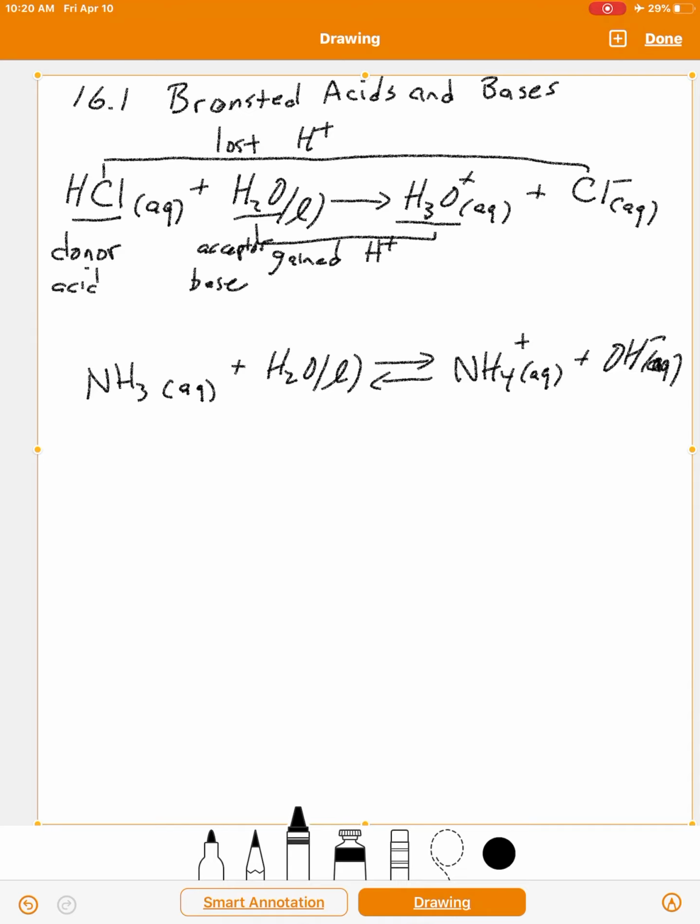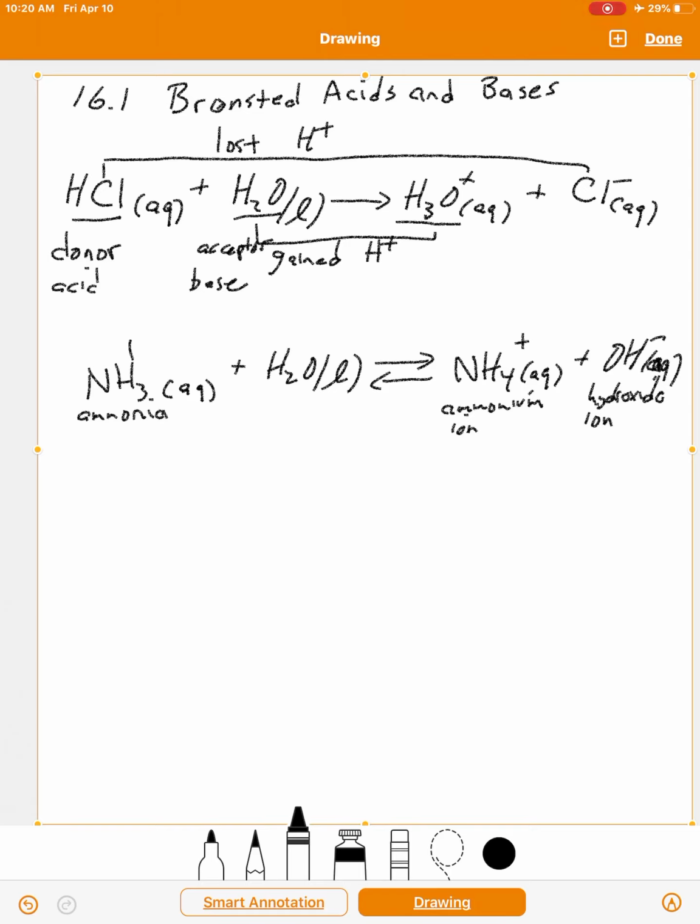Okay, so this is ammonia on the left side, NH3 dissolved in water, reacting with water. Water, again, is a solvent, but it turns out ammonia can react with water. And it does. And it forms the ammonium ion and a hydroxide ion. Okay. So let's again pair things up.